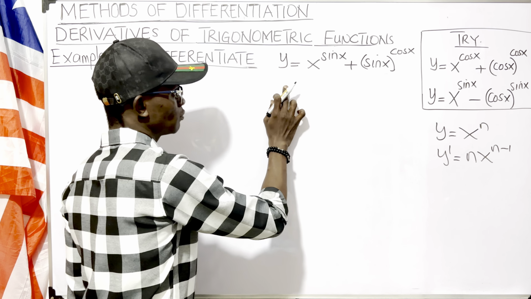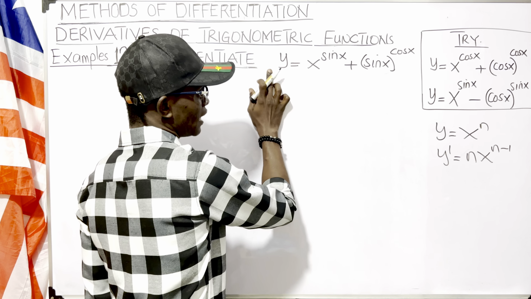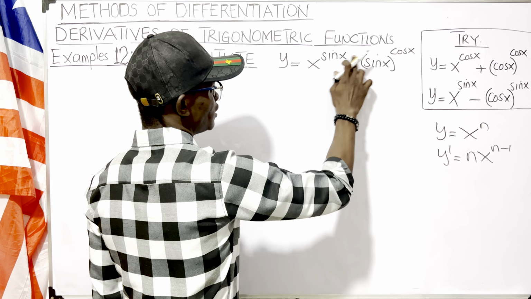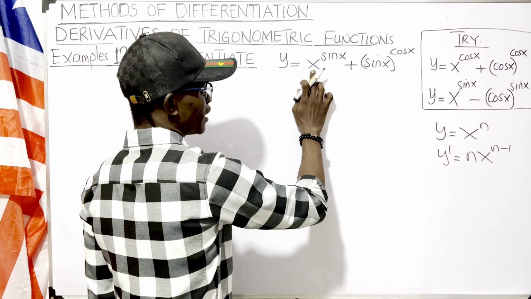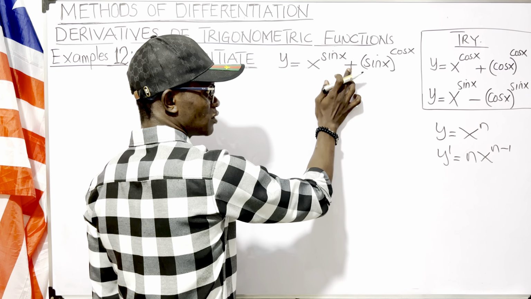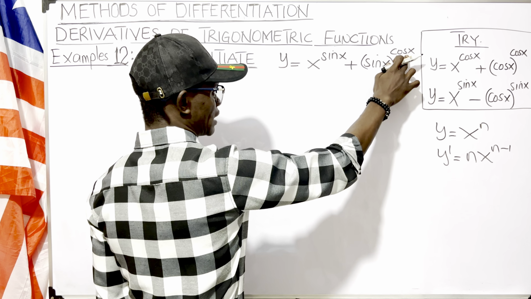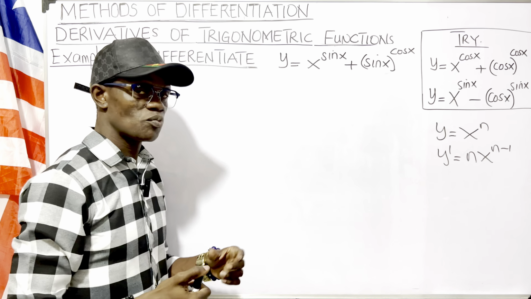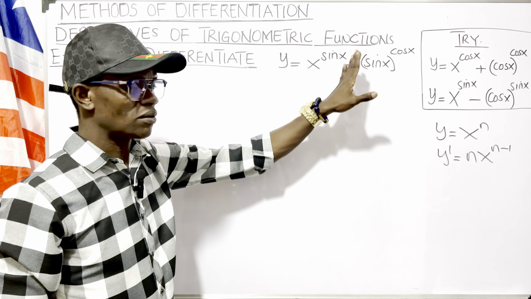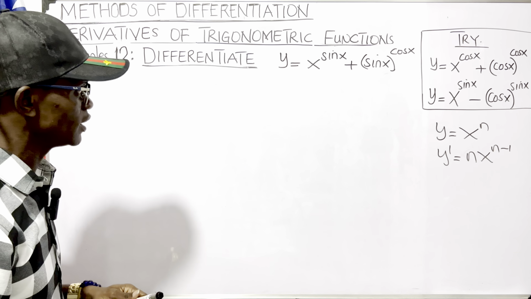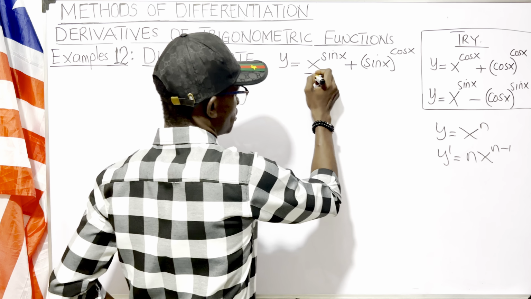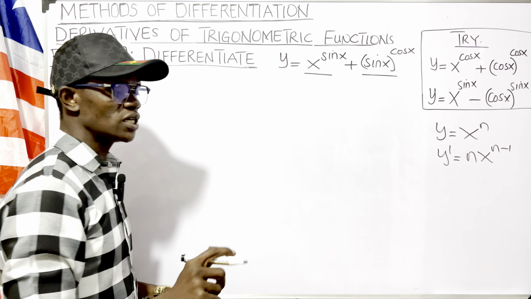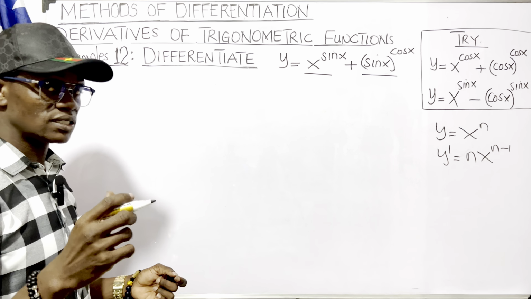But for this case, if we take the ln on this side, we cannot easily bring down these powers, because the ln of x raised to the power sine of x plus sine of x raised to the power cos of x cannot lead us to a property of the ln that will bring these powers down. So what we need to do is consider this term to be a function, and this term to be a function. So we need to incorporate two distinct functions.